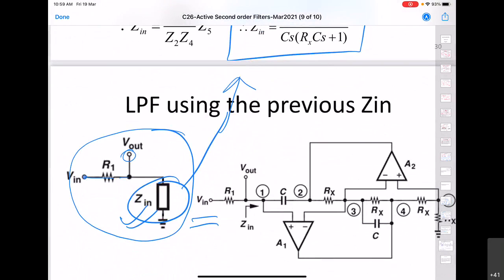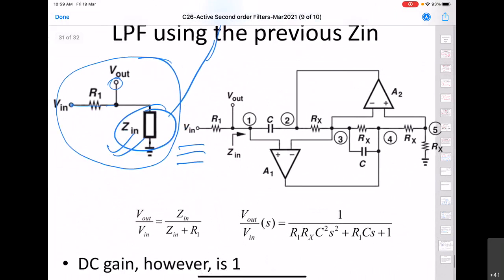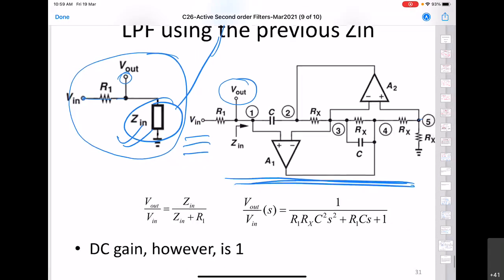So when this circuit is completely implemented using this modification of the Antonio topology, you see that we are taking output from here, not from some other point. And in this case, one will be able to implement a second order low pass filter.